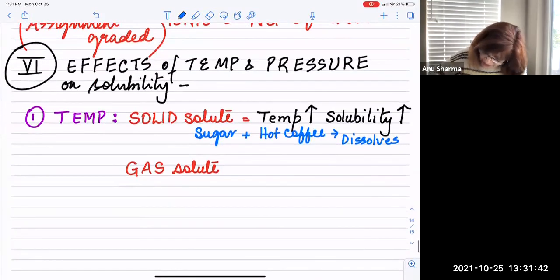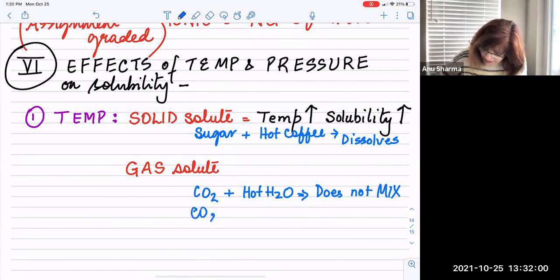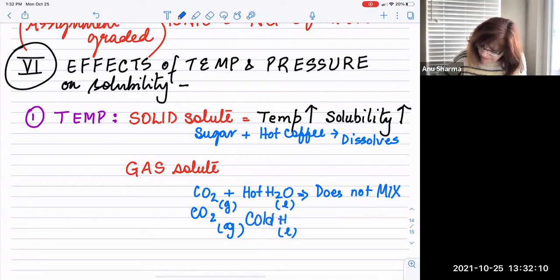But here, if you have carbon dioxide, which is a gas, in hot water, it will not mix. It does not mix in the hot water. But if you mix it with cold water, it mixes.